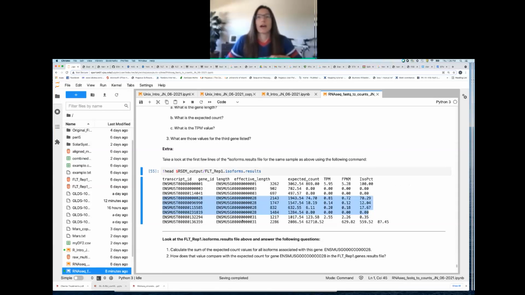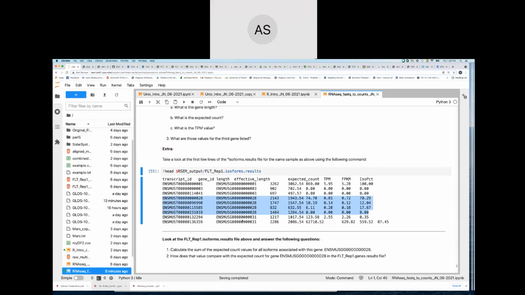Does that include non-canonical? So what do you mean by non-canonical, Felix? So you said, I forget if it was STAR or RSEM, finds splice transcripts that were not annotated before, novel. Yeah. Novel.